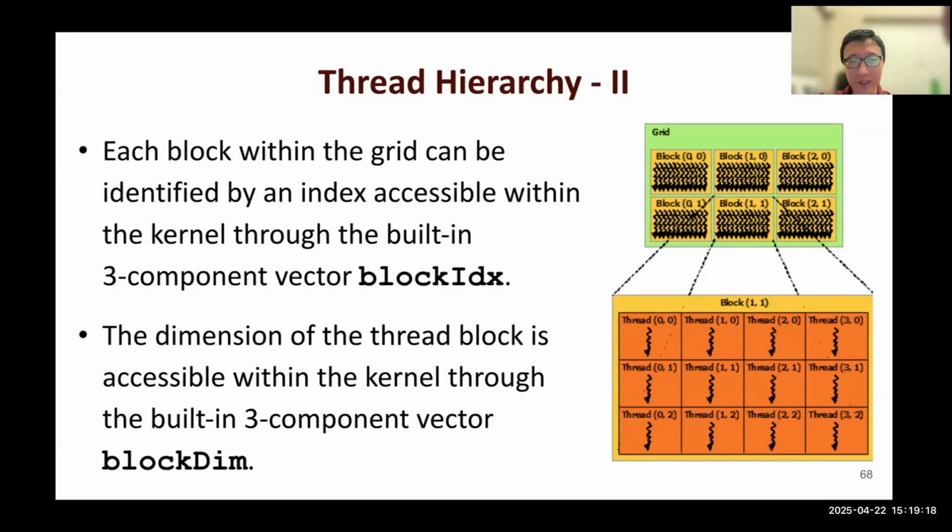And the block dimension refers to the number of threads per block. Here, the block dimension is different for X and Y. The block dimension X is 4, block dimension Y is 3. So you are building this block of threads. This is how all the threads get organized internally.